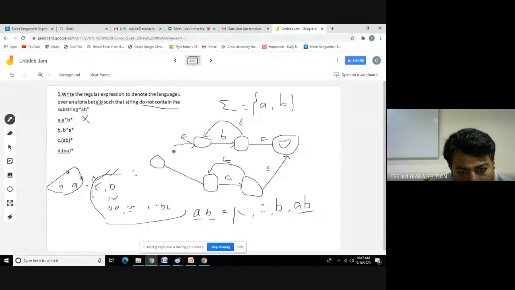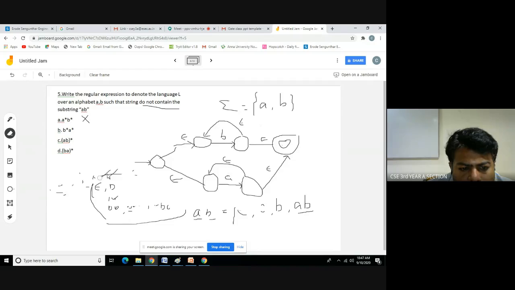So this is the Thompson construction. The Thompson construction for B star A star is like this only. Now you just consider the input. According to this finite automata, it tells what strings can be generated.